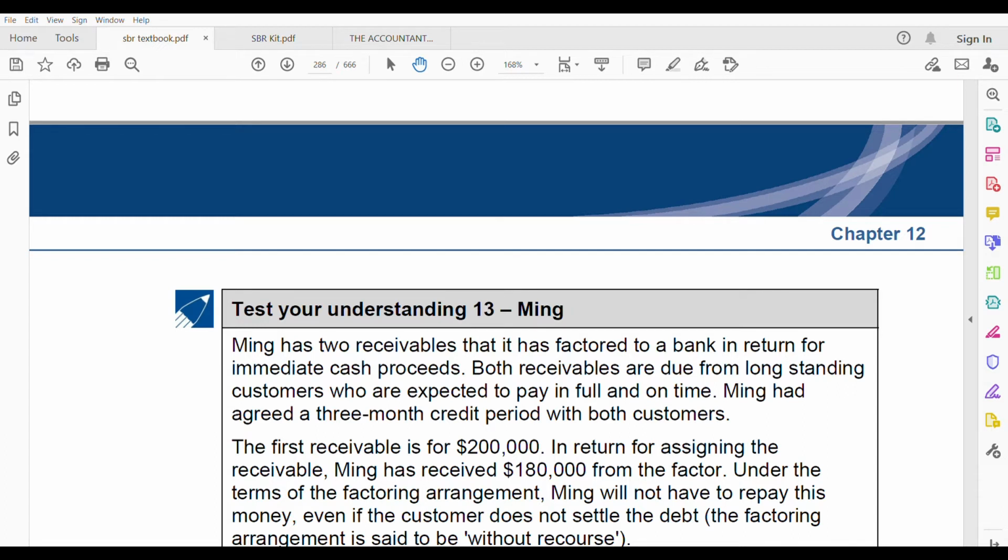I was expecting a tougher question on IFRS 9, but for embedded derivatives the question was easy. It was worth 5 marks. So definitely you can expect a question, not on derivatives in general, but on embedded derivatives, if IFRS 9 comes up. So now let's start with test your understanding.